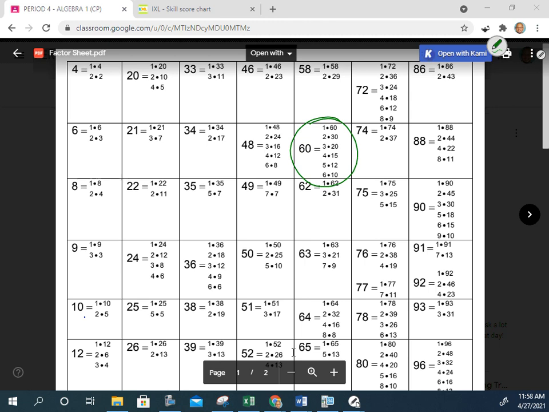Which of those numbers has any chance of getting to 17? You're trying to figure out what's going to add to 17.